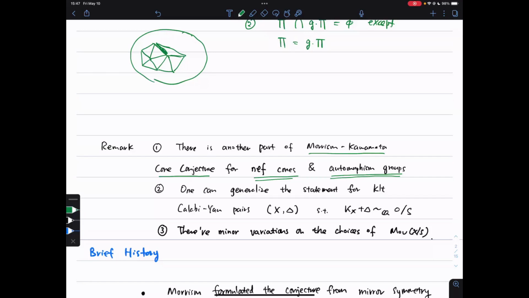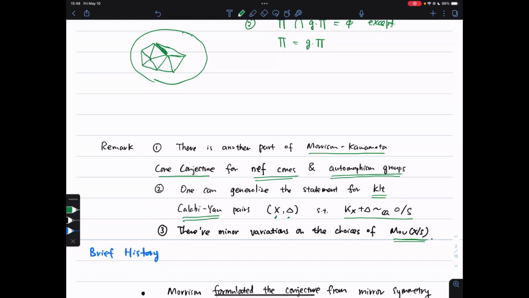And there are many generalizations of this conjecture. For example, you can work with KLT Calabi-Yau pairs. That means you can take a variety together with some boundary divisors such that this pair is linearly trivial over S. You can also modify the statement for such varieties. And thirdly, there are some minor variations on the choice of the cones.